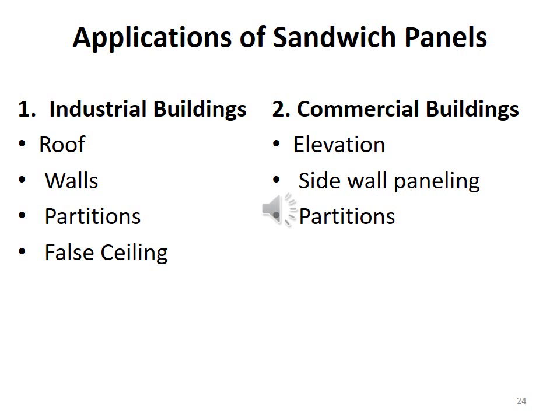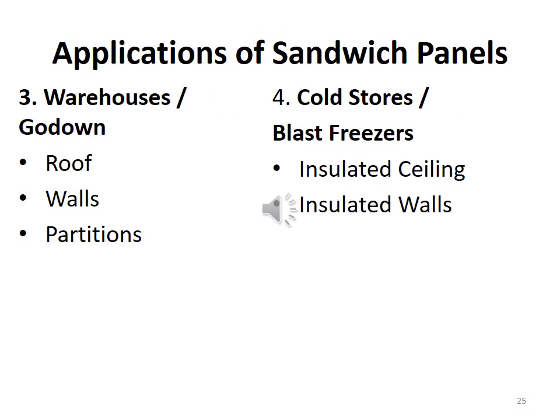Similarly, these sandwich panels can be used in commercial buildings for elevation and facades, sidewall paneling, and partitioning. Similarly, these sandwich panels can be utilized in the construction of roofs, walls, and to create partitioning to enhance the space in the warehouses and godowns.